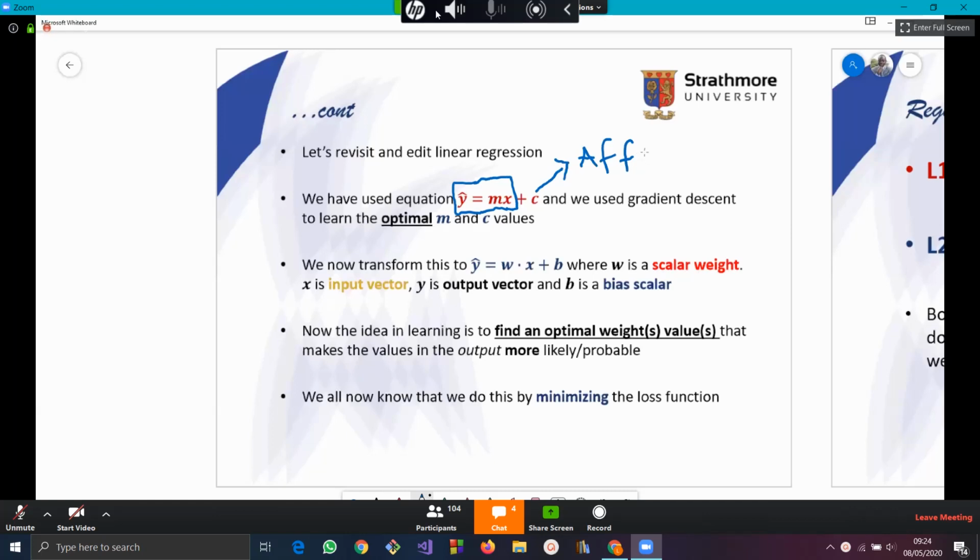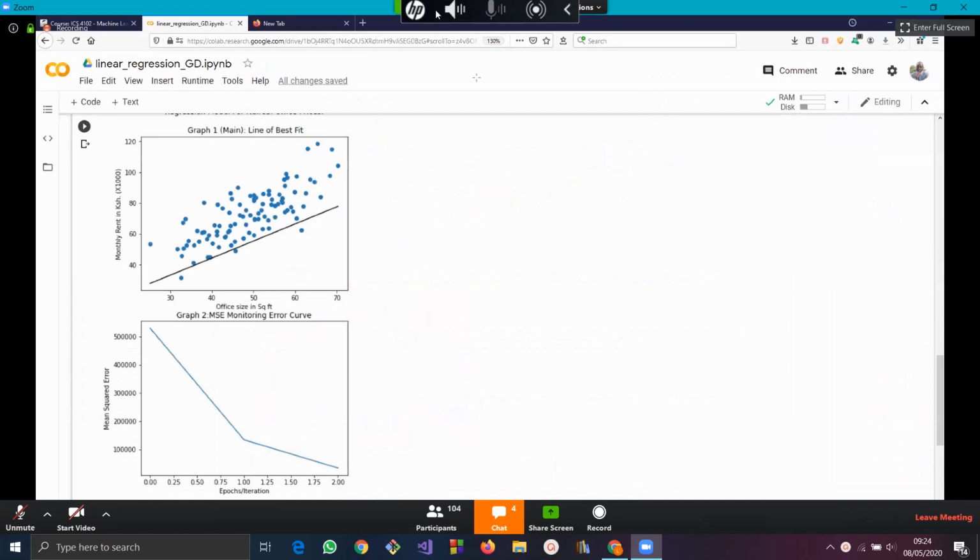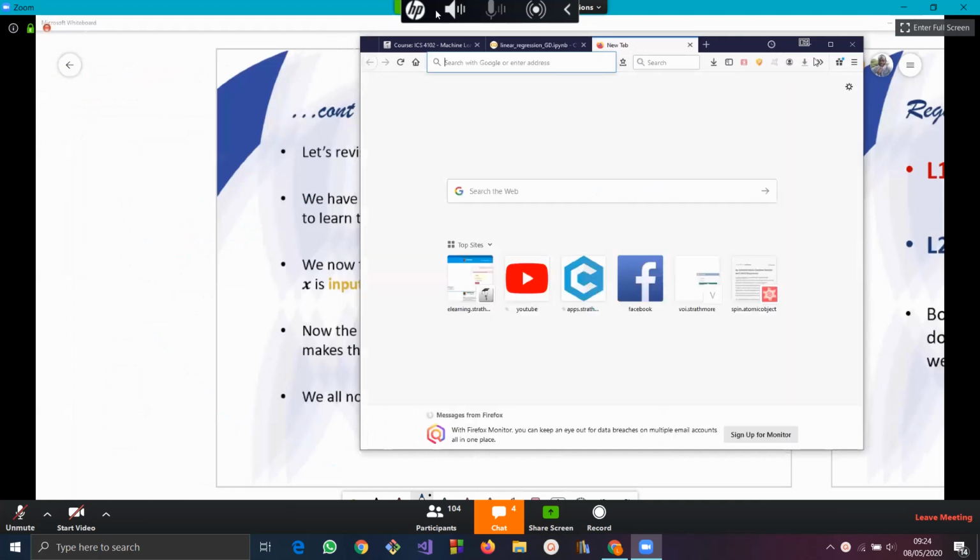Now, why is this important? It's just important. For example, if you play around with linear curves or graphs, you are able to see some important things.